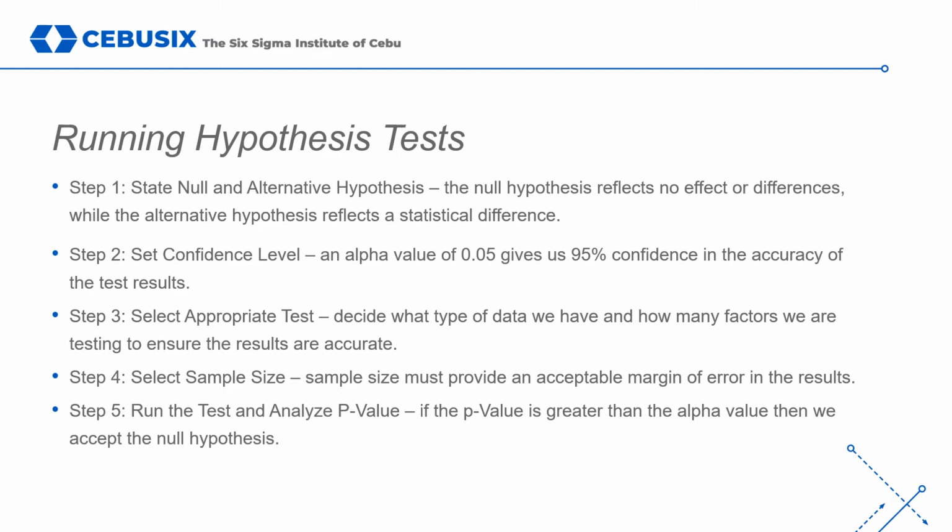The p-value is returned for each test, and we compare the p-value to the alpha value we set up before we ran the test. If the p-value returned for the test is less than the alpha value you set, then you reject the null hypothesis and accept the alternative. If the p-value returned is more than the alpha value you set, then you fail to reject the null hypothesis and you do reject the alternative hypothesis.